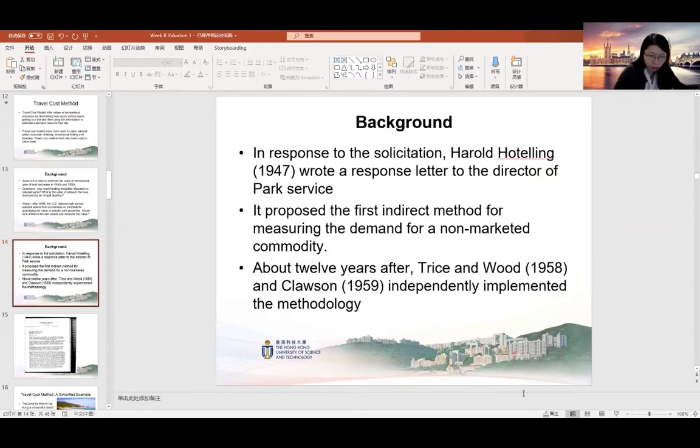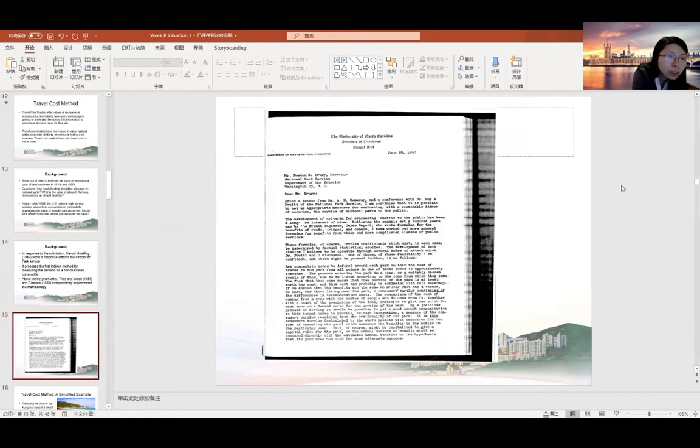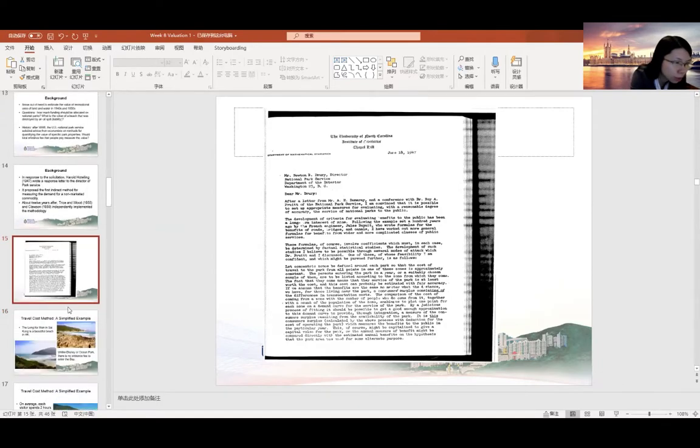That's the other work of Hotelling. This is another work of his, trying to value national parks. So this was the original letter he wrote to the government. Remember, the U.S. National Park Service wrote to economists soliciting methods for park valuation, and Hotelling wrote this letter.